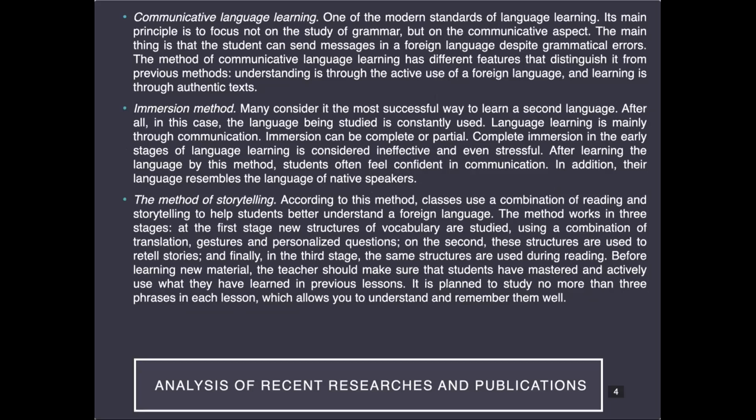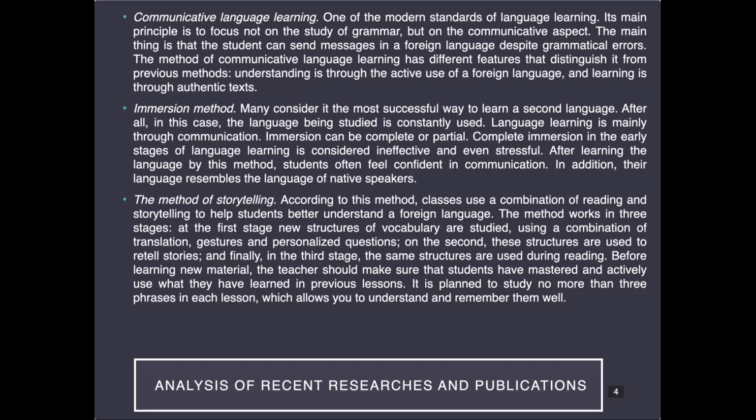Next is communicative language learning, one of the modern standards of language learning. Its main principle is to focus not on the study of grammar, but on the communicative aspect. Next method is the immersion method. Many consider it the most successful way to learn a second language. Language learning is mainly through communication.